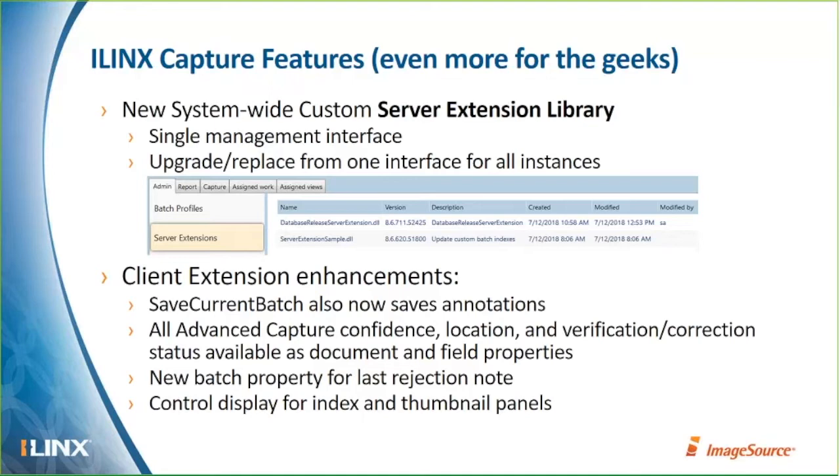So if you want to do your own custom analysis, your own custom processing based on confidence information, the location of extracted information, whether something came back from the verification correctly, you have access to all of the same pieces of information that the product has, and I'll show you some of that here in just a little bit.